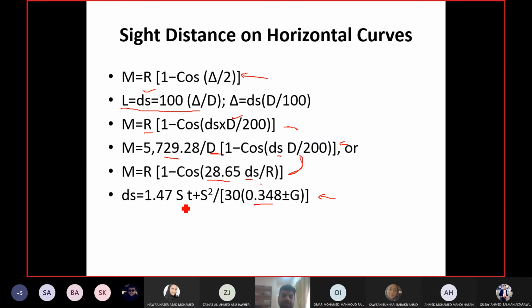Okay. Now speed is given as 70. Okay. Perception reaction time 2.5 seconds. Okay. And level means 0. Okay.